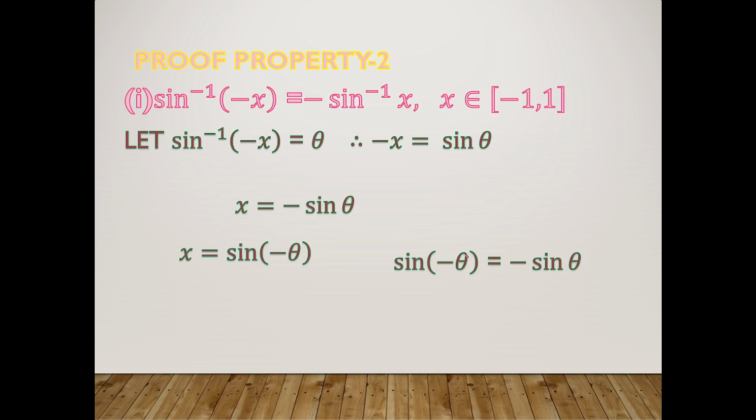Okay, so here minus theta is equal to sine inverse x, right? So how does it come? If we have to take the inverse here, that means this minus theta must be in the principal range of the sine inverse function, because this is the domain of sine inverse x. That's why for this domain, minus theta must be in the interval of the principal range of the sine inverse function.